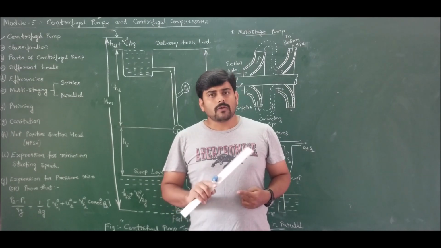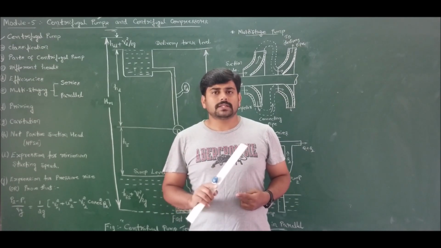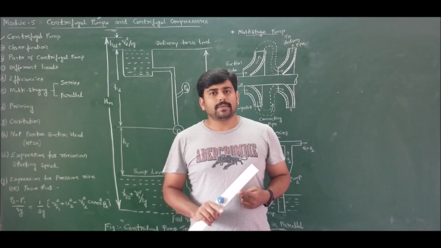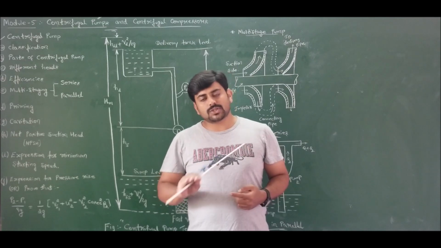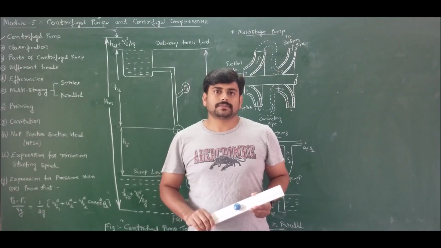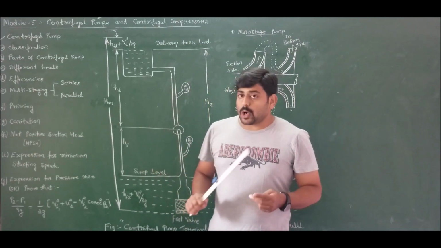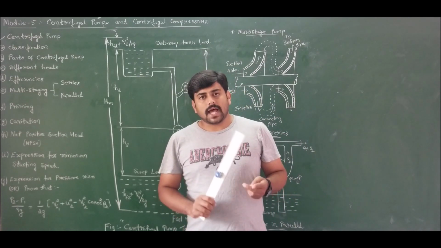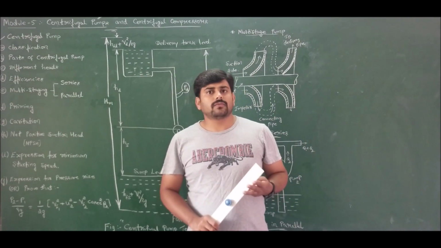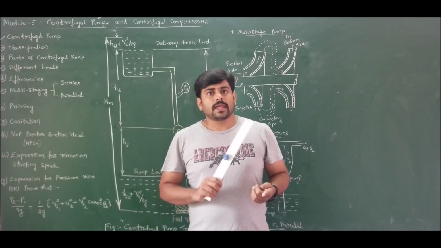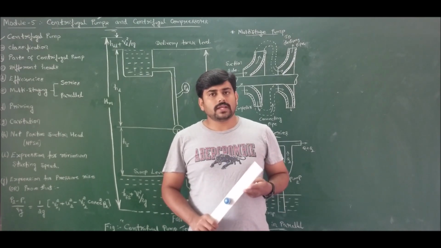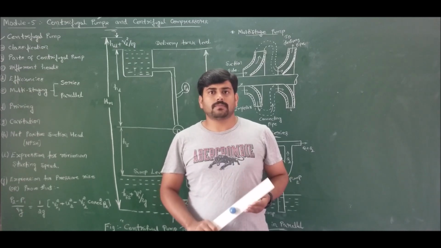Whereas for forward curved vane centrifugal pump, the discharge blade angle, that is beta 2, will be greater than 90 degree and they will be curved in the direction of rotation of the impeller. Coming to broad classification, pumps are classified as axial flow, centrifugal and mixed flow pumps, whereas centrifugal pumps are classified as backward curved vane, radial vane and forward curved vane centrifugal pumps.